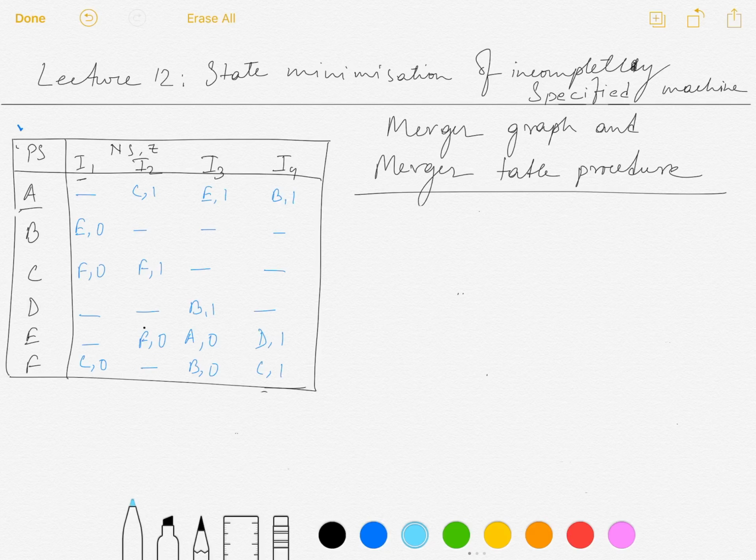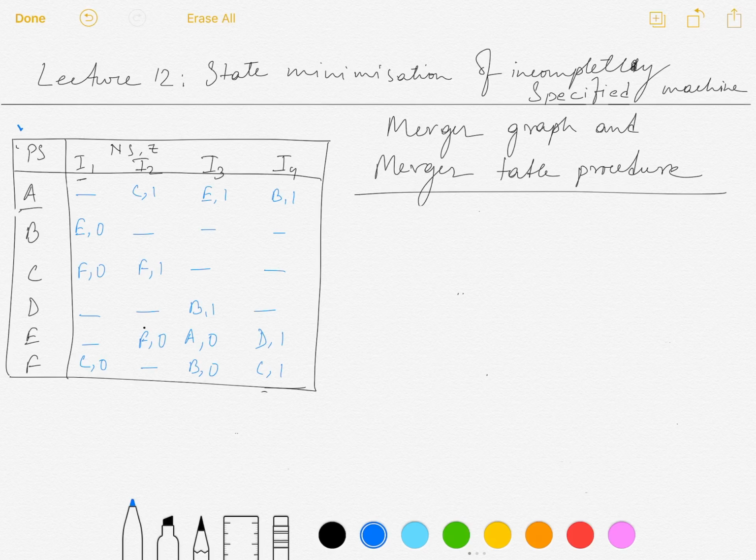It may also happen that in some cases the outputs are specified, but the state is not specified, or the state is specified, suppose E, and the output is not specified. So, all these cases can be considered as examples of an incompletely specified machine, and how we can reduce such a machine.